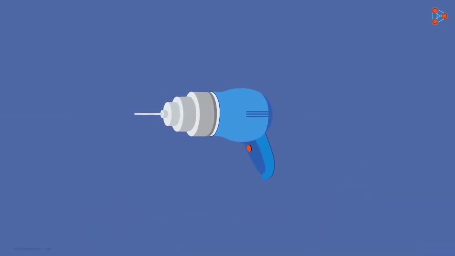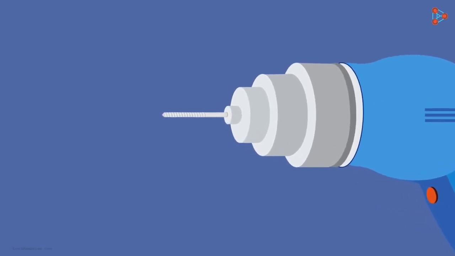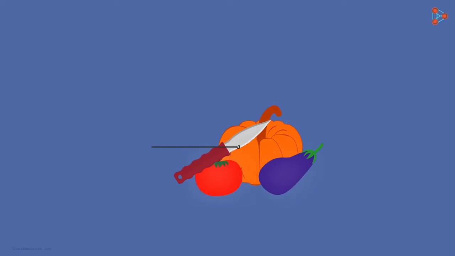When we use a driller to drill a wall, you can see the driller has a pointed end. Also, when we cut vegetables, we use a knife having a sharp cutting edge, and on the other side of this knife, you can see it's a blunt edge. Why?